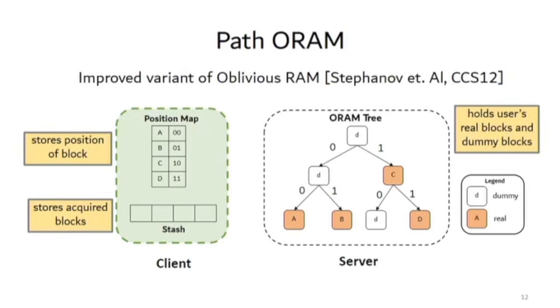For B, it's 0, 1. It doesn't say exactly where it's stored; it just says this is the leaf, and you have to access the whole path. The stash is a moderately small memory region where you store the blocks that you access from the server.